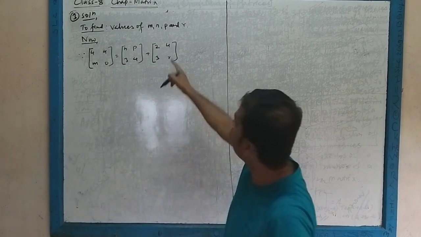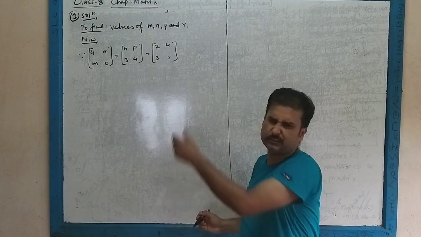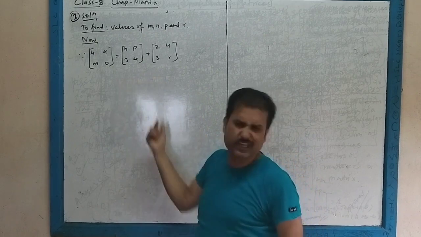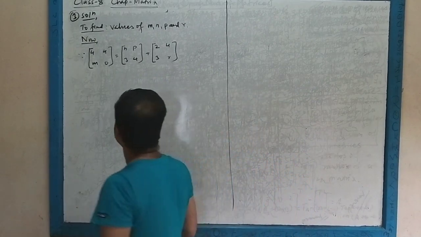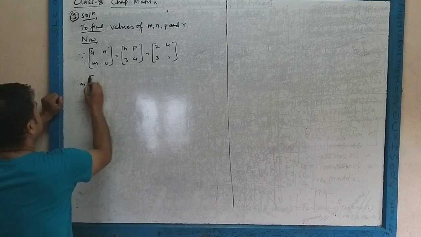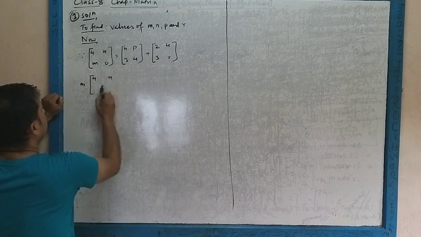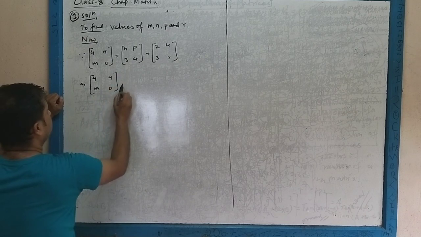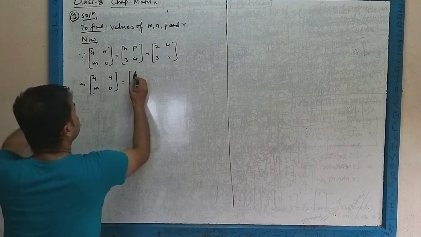We need to find the values of M, N, P and R. Very easy question. Just add and equate both sides and you get the values of M, N, P and R. Okay, now keep this as it is: 4, 4, M and 0 equals, this is how much?